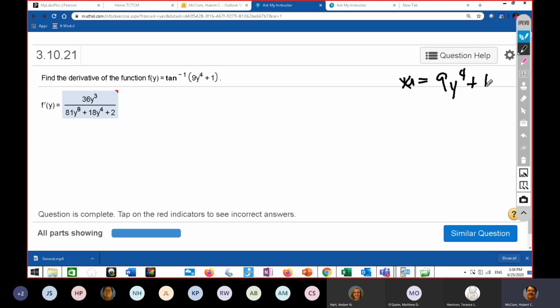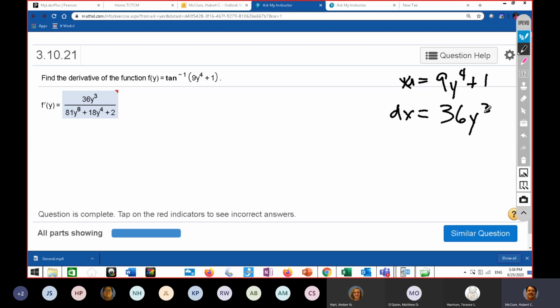And dx, or du, is equal to what? 36y to the what? Okay? So you need to do that because we're going to use that. So the first thing you do is do that.